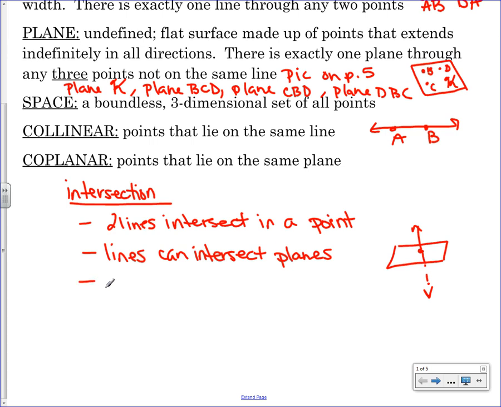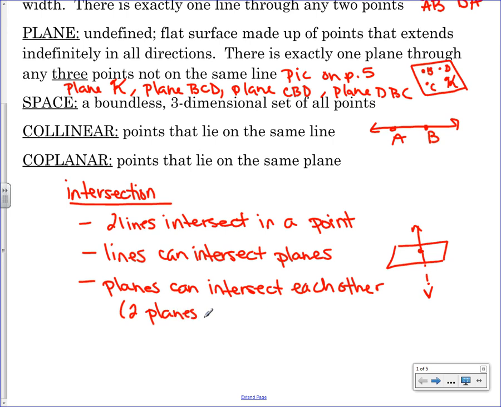And then we're going to say planes can intersect each other. Which you might want to be more specific and say two planes intersect in a line. This is something people, it's new for them and they kind of forget. I would put page 6 has a picture if you want to see that picture. Okay?